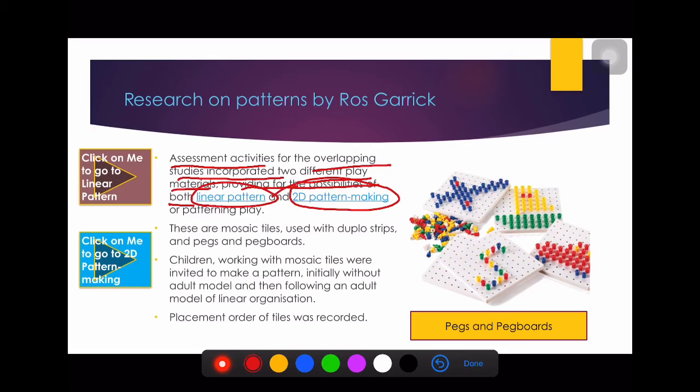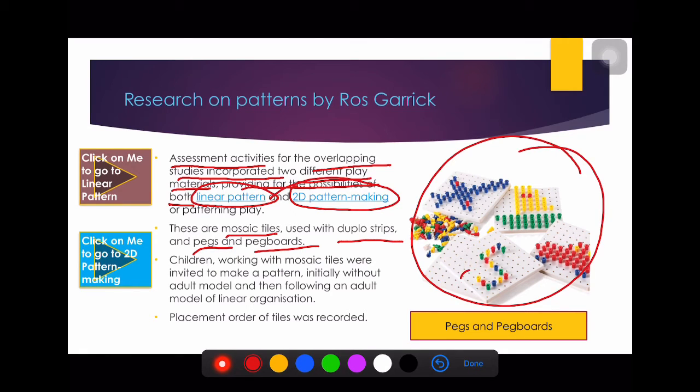We're going to look at linear pattern a bit later. Now these are mosaic tiles used with Duplo strips, packs and packboards. These are examples of packboards where there are holes and then you're given these packs and you just put them in to form a shape like this or like this one and so on.